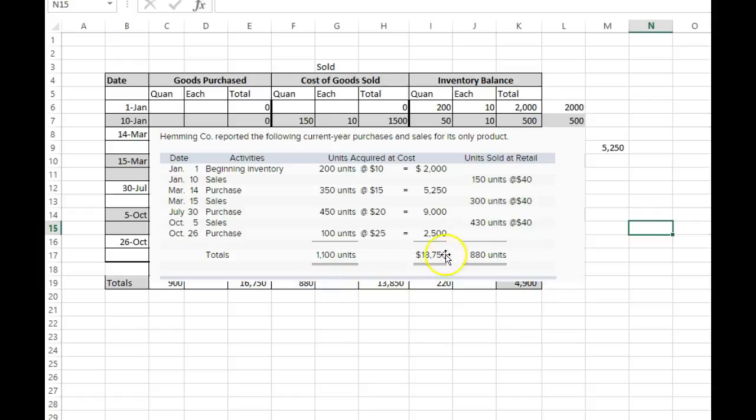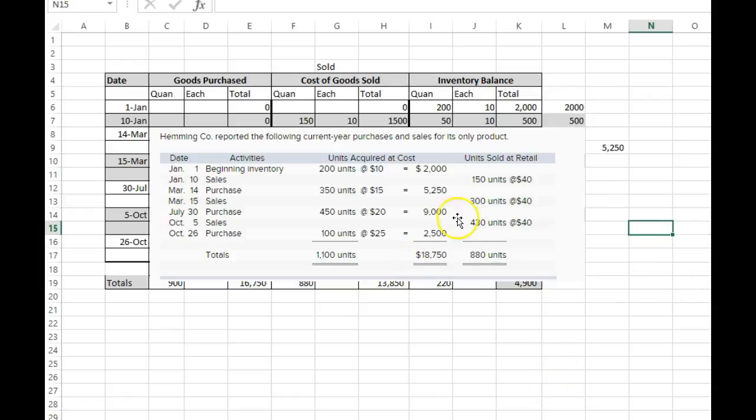Okay, so I have 150 units right here, and I sold them for $40 each. Now that only shows up on the income statement, that 150 of 40. That total will be in the revenues. Right now what we're keeping track of is the cost of goods sold in this sort of a subsidiary ledger of sorts, keeping track of it.